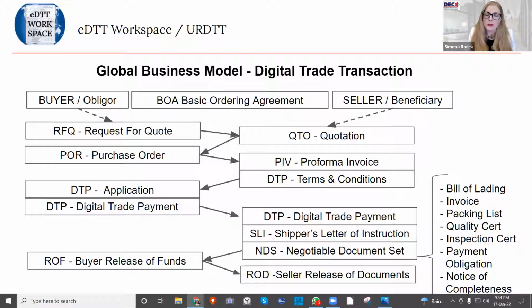The seller ships the goods and compiles the transaction documents into digital documents evidencing movement, value, content, and quality. The transaction manager examines and compares the digital documents to the issued URDTT digital trade payment facility for compliance with its terms and conditions.